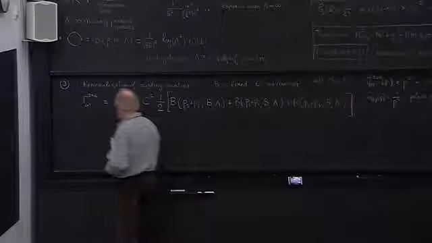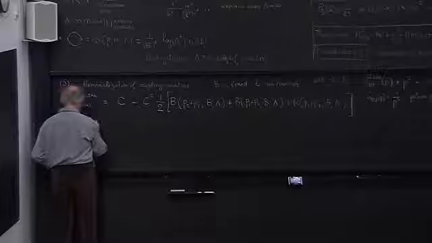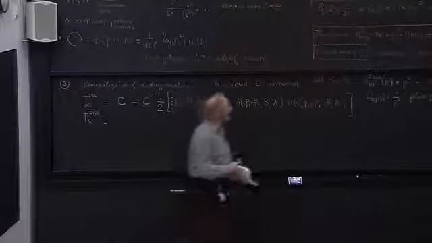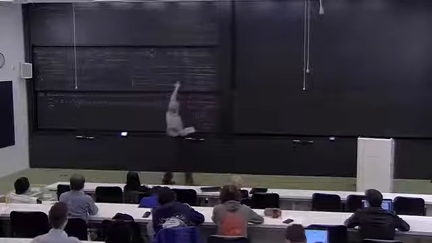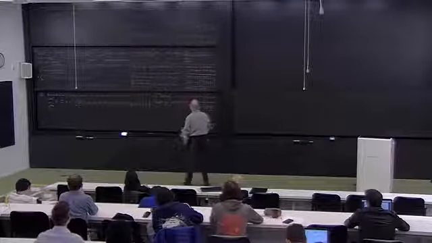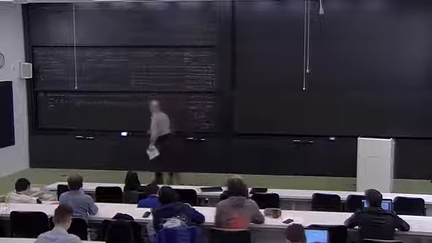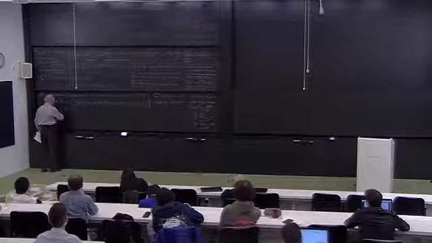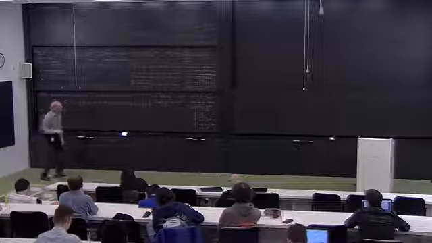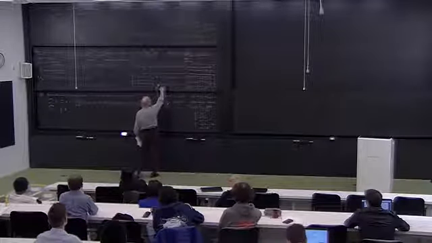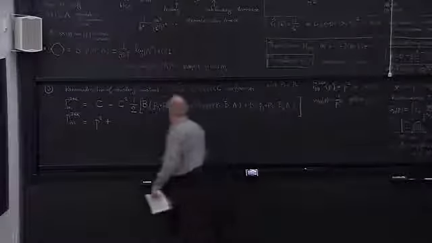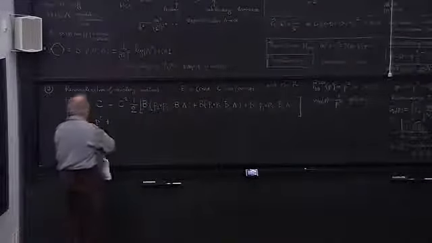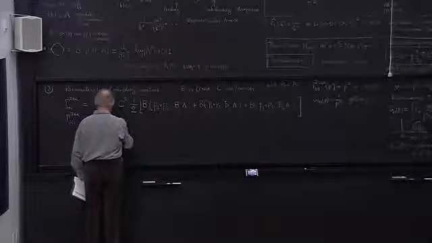Okay? And with this theory, the irreducible 2-point function, remember, now I deal with an action where C is arbitrary. So the 2-point function is P squared plus nothing, plus something of order C squared.